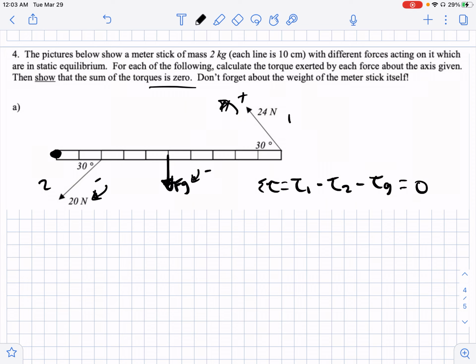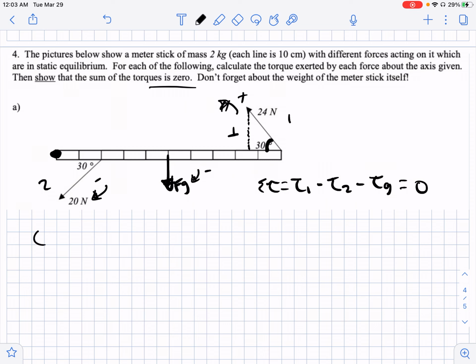We're just going to solve for all these torques, and then we'll plug them into that net torque equation. Remember, it's only the perpendicular force that causes torque. This angle here is 30 degrees. I know my hypotenuse is 24 newtons, so I need to solve for that perpendicular, opposite side there. So I would use my sine function.